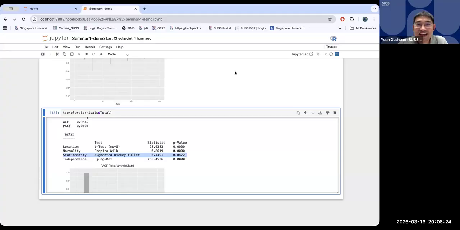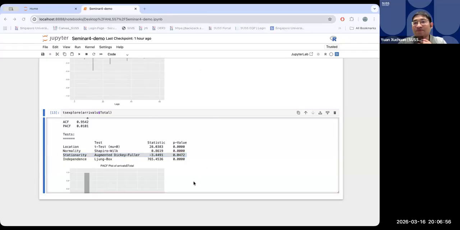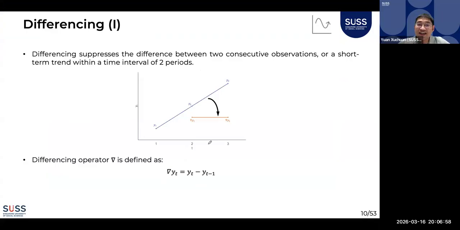Here we focus on this ACF and PACF. You look at these two plots, you see, wow, the data is definitely not stationary, because for a stationary time series, the ACF should decay exponentially, and the PACF will also decay exponentially.